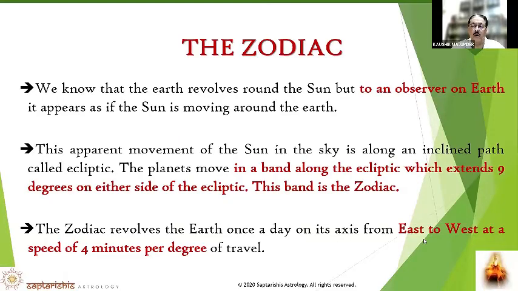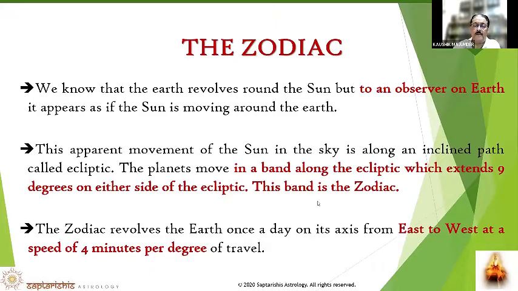So, if we observe from the earth, we will see that the sun is moving around the earth. Now, this apparent movement of the sun in the sky is along an inclined path called the ecliptic.